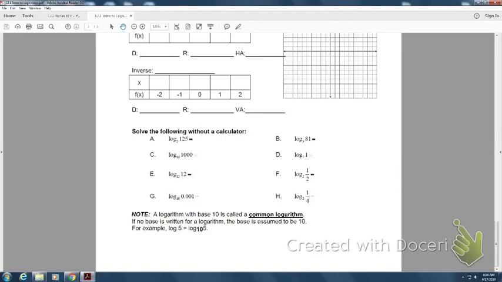So if you have, for example, natural log of x, that is an understood e down there. It's log base e of x. Those two are the same things. And that is what is called natural log.